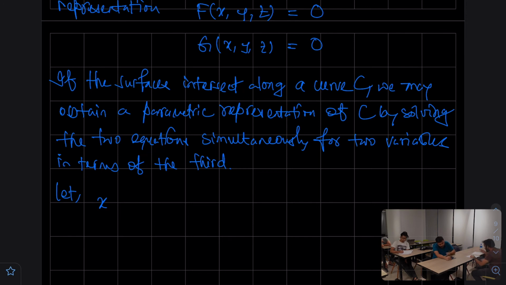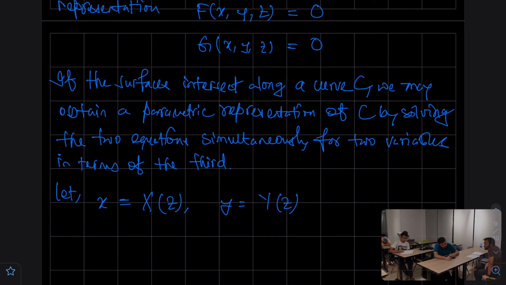So let x be this, y be this. So what we're doing by solving the two equations simultaneously for two variables. We're letting that we have been able to solve it. Let this be done.